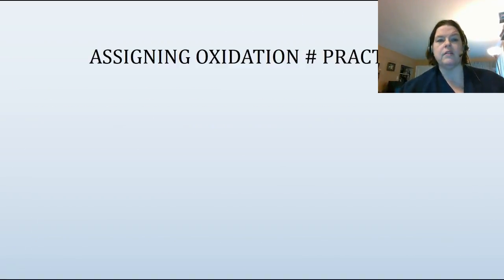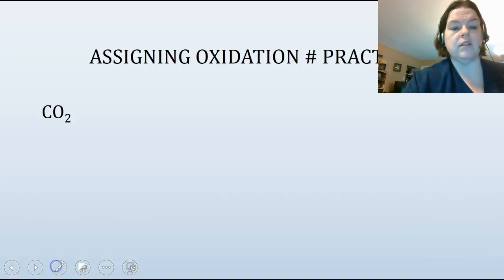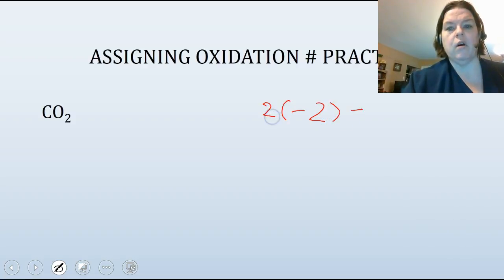So let's look at a couple of these. So CO2. What are the rules? The rules say that O has a -2 charge. There are 2 of them. And we know that CO2 is a compound, so it has a 0 charge. So I want to know what carbon is.